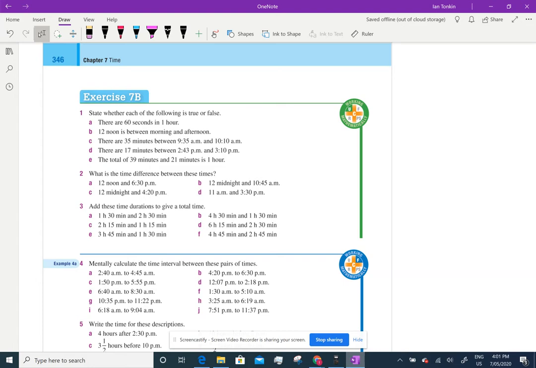So the first one I do, and it's going to sound really crazy, but I count on my fingers. So from 12 noon to 6:30 p.m., I actually hold up my hand. So I'm going to draw a stick figure hand. So that's my thumb.